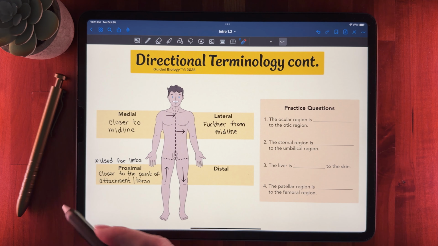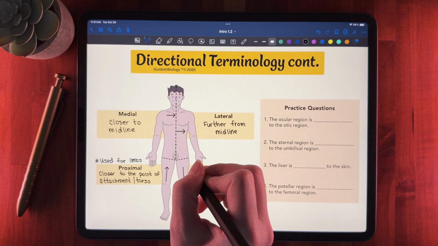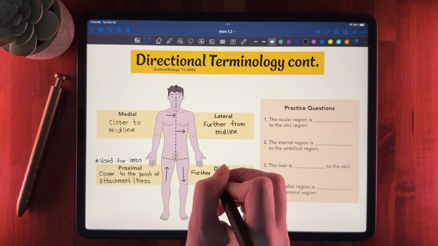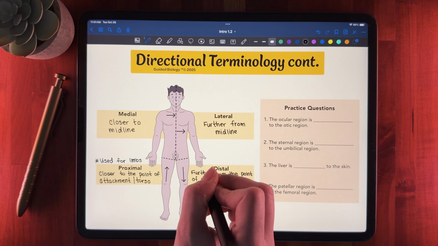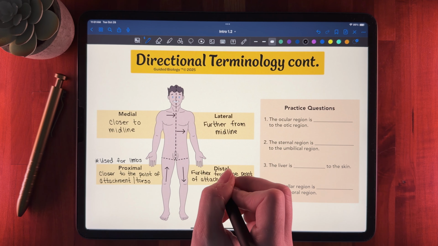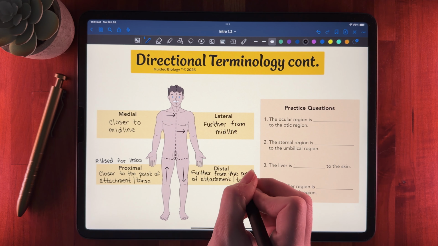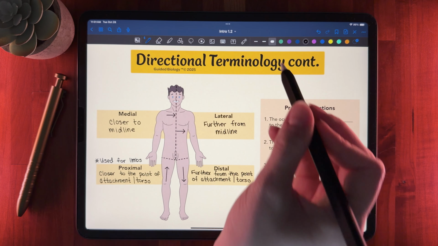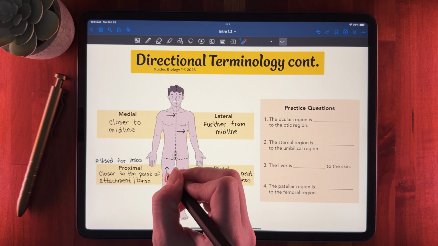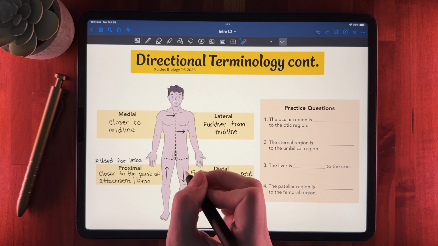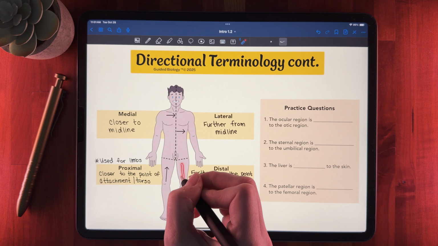All right. And then the corresponding term is going to be distal. And so distal just means the opposite, right? So it means further away from the point of attachment or further away from the torso. Okay, so again, to review, proximal would mean closer to the point of attachment, so for the leg here, and distal would be further away from the point of attachment here.